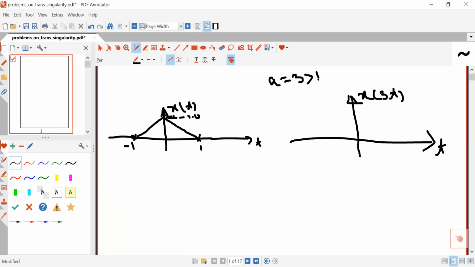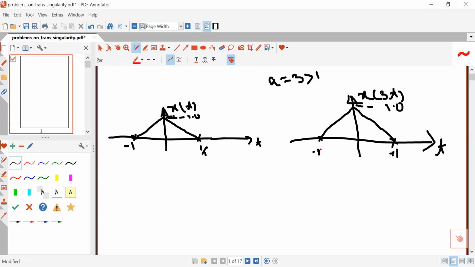So this transformation compresses the signal, and the compressed signal crosses the time axis at 1/a and -1/a. The original signal crosses the time axis at +1 and -1, with amplitude 1.